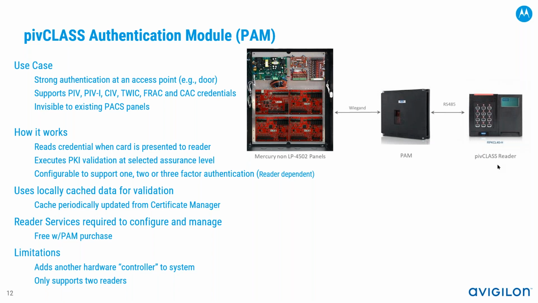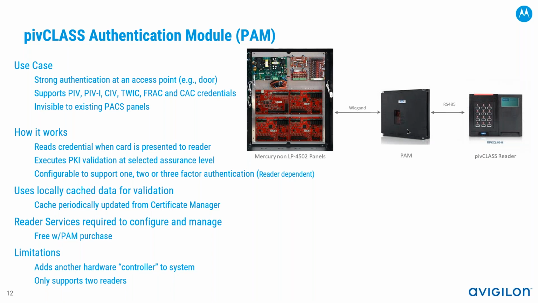That card then, the information of that card, is sent into the PAM. The PAM validates the card, says, is this card still valid, right? So I'm not validating, is this the owner of the card? This is a low security area, and I want to do this fast. All I'm going to do is present the card and then validate: is this card still valid, still enabled, or is this card stolen or revoked?